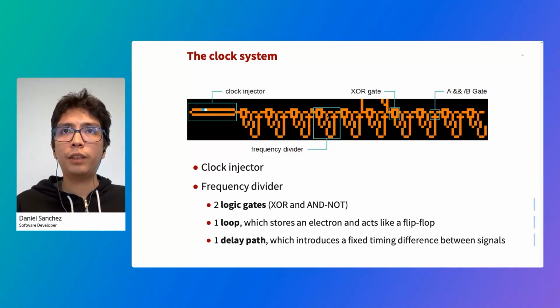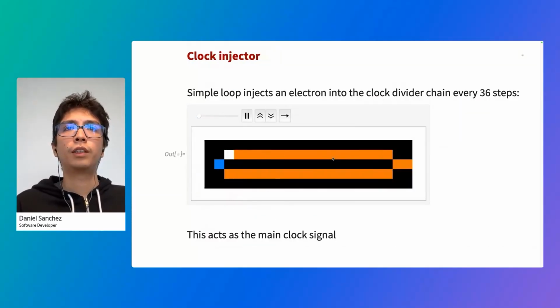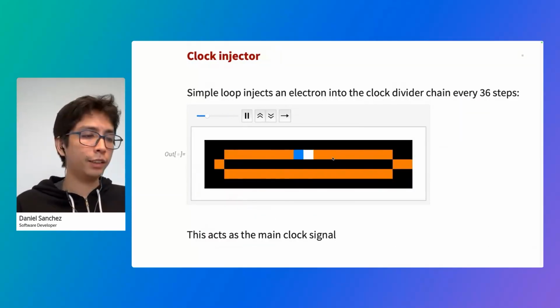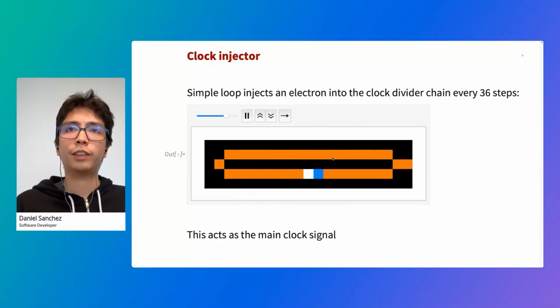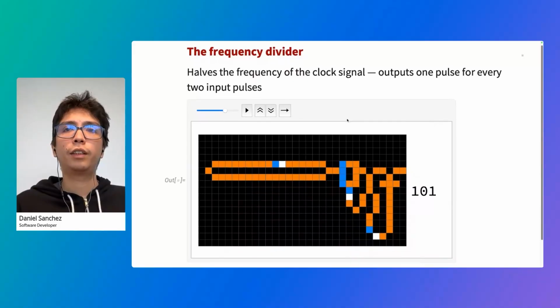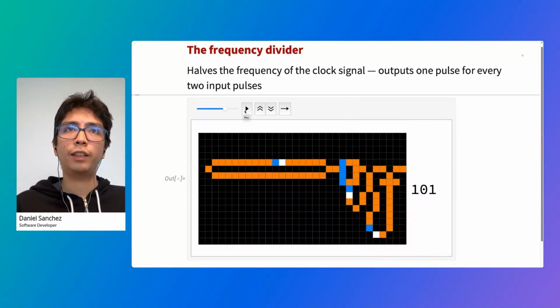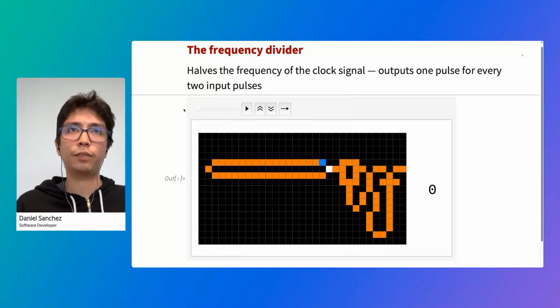There's a loop here, and there's a delay path. So you start with the make clock signal. In this case, it is 36. It emits an electron every 36 steps. And then you add this frequency divider, and the idea is that it will emit an electron to the right here every 72 steps instead of 36.